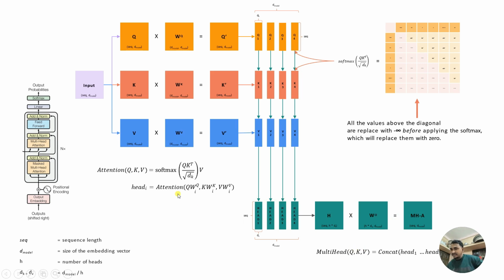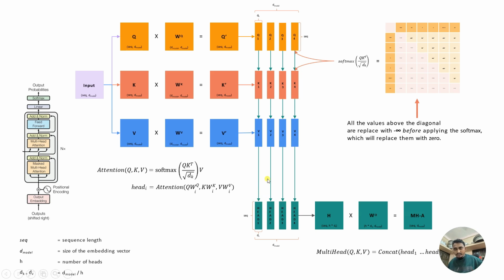If you see, this is nothing but attention of QWQ, KWK, VWV. It means that first we have one dimension for the number of heads so that we can join them. So this is nothing but the number of heads itself.